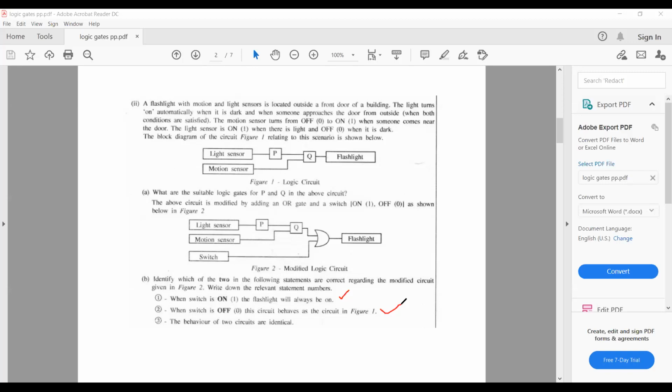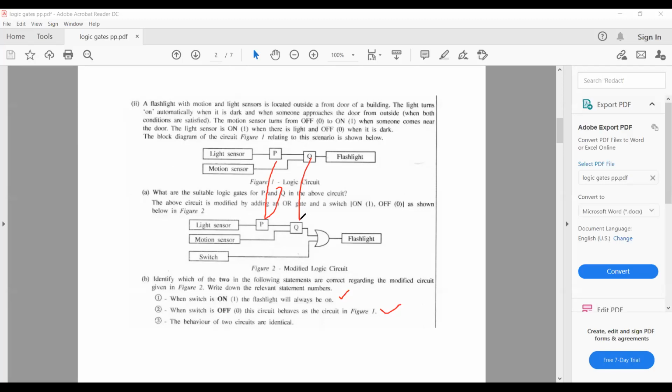Yes, so what are the gates for P and Q? That's what I told. I don't know whether you were there or not. P is the same thing, a NOT gate. Q is an AND gate, right? Same thing. The light sensor gives 1 when working and 0 when dark.